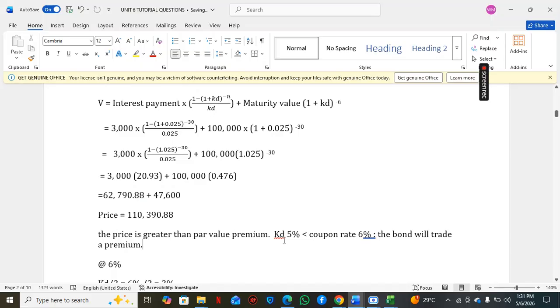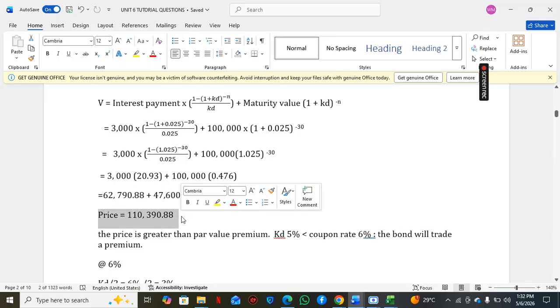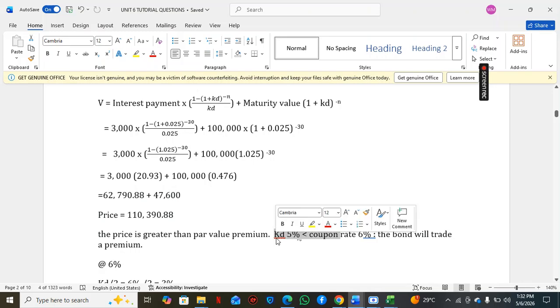Okay, here the required rate of return was 5% and the interest rate was 6%, and then we found out that the bond is selling at a premium. Okay, so remember this law. If the interest rate is greater than the required rate of return, the bond will trade at a premium.